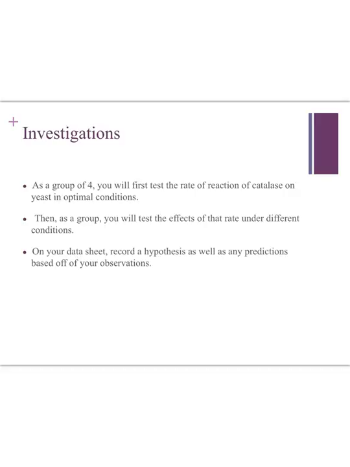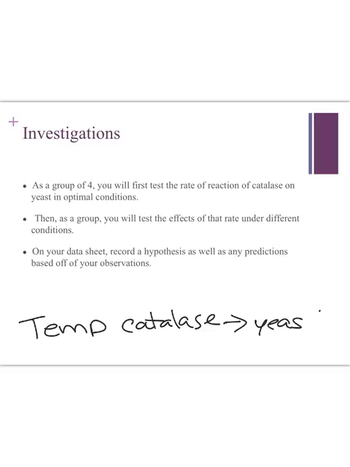So what we're going to be looking at is either temperature, and that's the temperature of catalase, which again is found inside of the yeast. So once you make the yeast spheres, you would then sit them in low temperature for 5 to 10 minutes, and then you would run your experiment as normal.